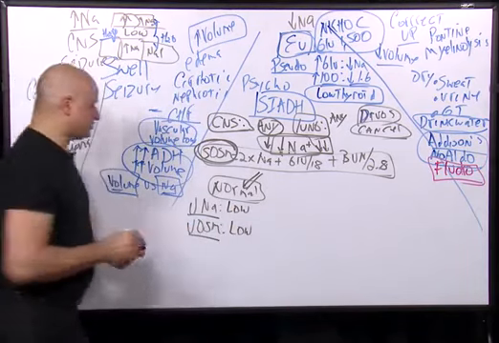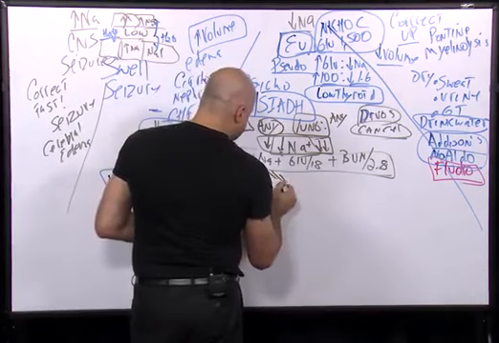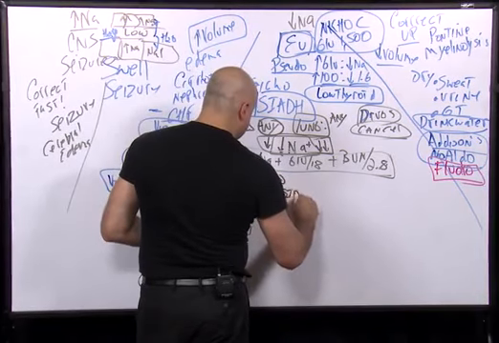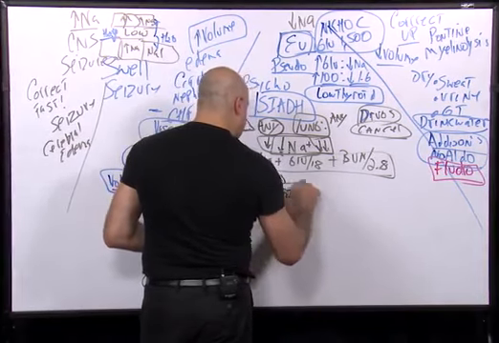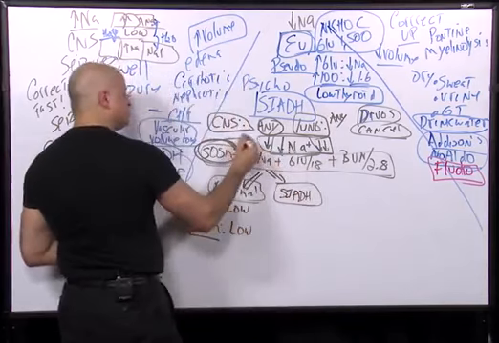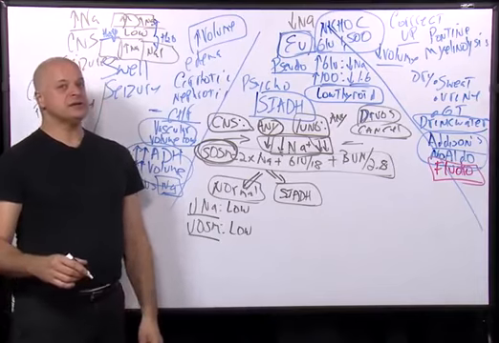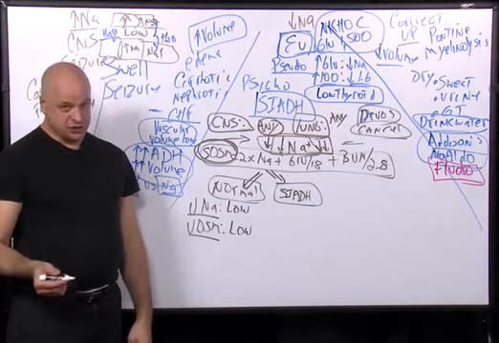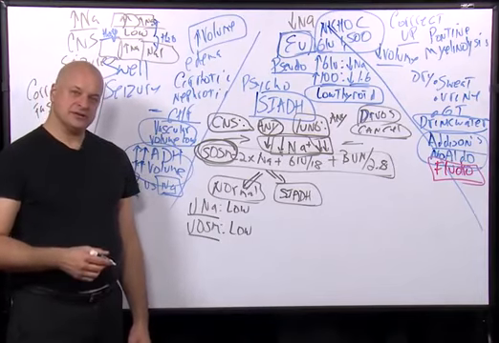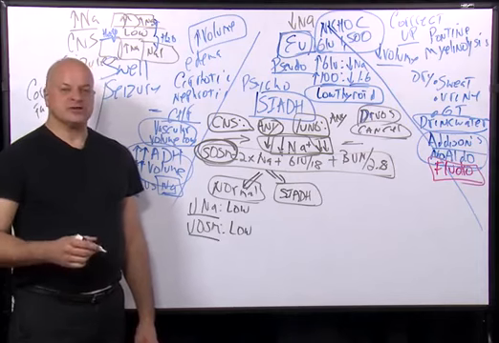So the short answer is that SIADH is a person that, despite the fact that they have a low serum sodium and a low serum osmolality, because serum osmolality is 2 times the sodium plus glucose over 18, plus BUN over 2.8.